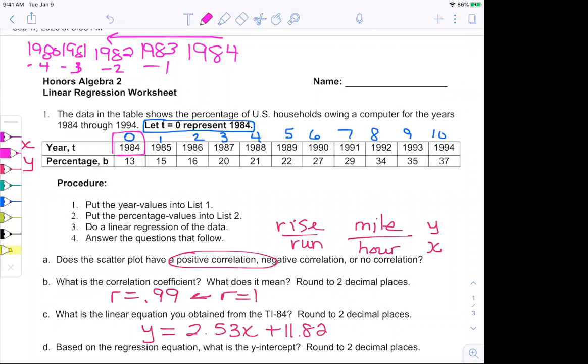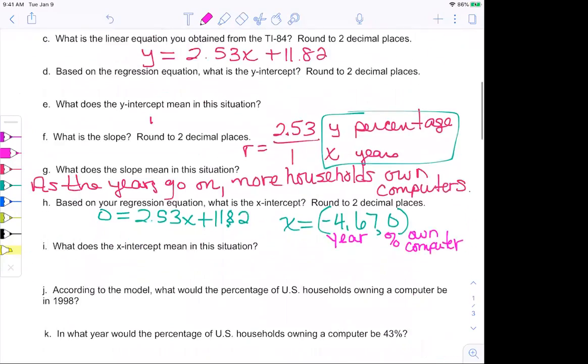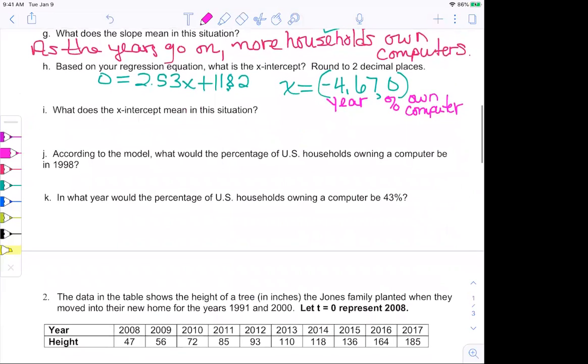So you can have a negative year. It just means you're moving backwards in time. So when we have this negative number, that actually means 1979. So that's what -4.67 represents. And then she said 0% of households own a computer.